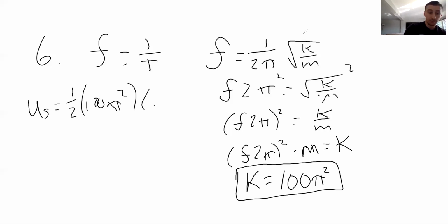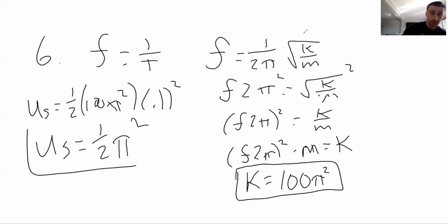So I got 0.1 squared. So I look at this, I can solve. Once I solve, I get 1/2 pi squared. And that's going to be answer B.